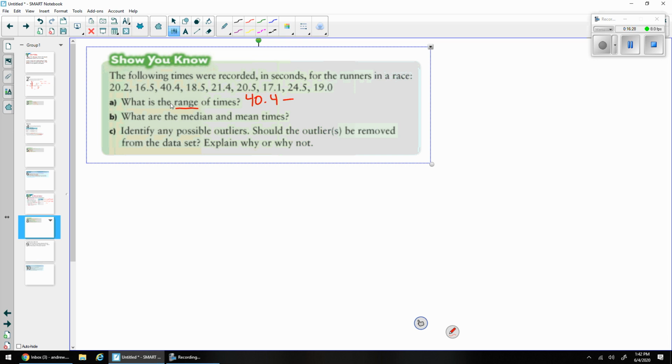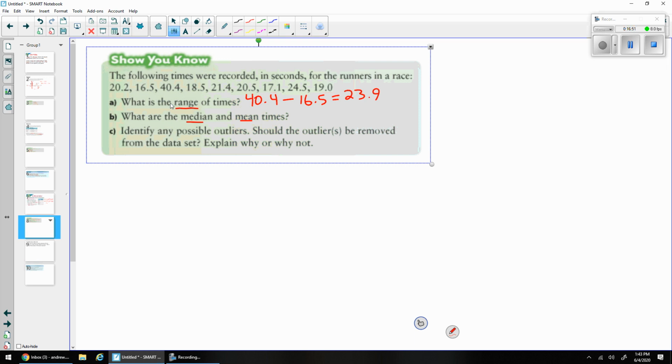Looks like 16.5, if I'm not mistaken. And we subtract those, 40.4 minus 16.5, and we get 23.9. That is our range. So what are the median and the mean times?